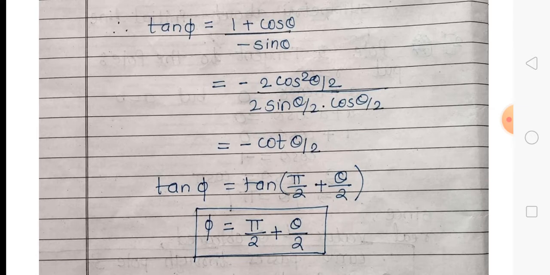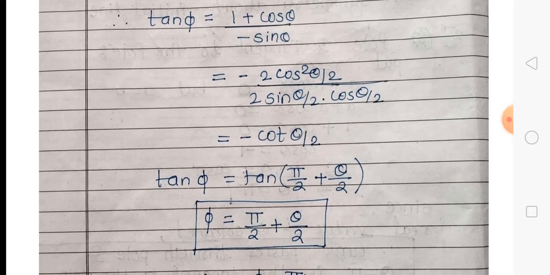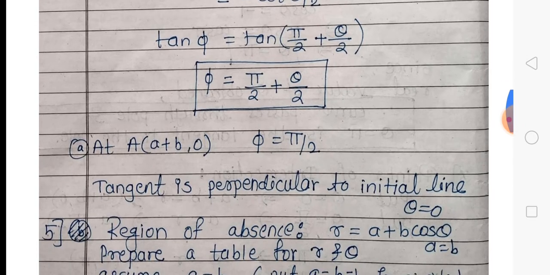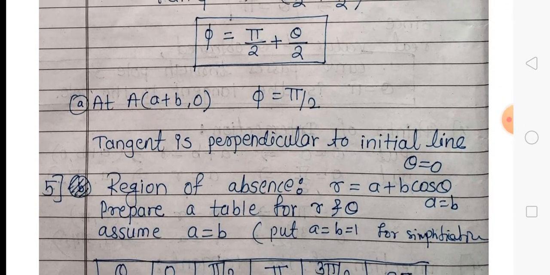Now tan phi is equal to minus cot theta by 2. We put the value of this cot in terms of tan. Therefore, we got tan phi is equal to tan of pi by 2 plus theta by 2. Now compare the angle, then we got phi is equal to pi by 2 plus theta by 2. Now we find such values of theta at which phi is equal to pi by 2.